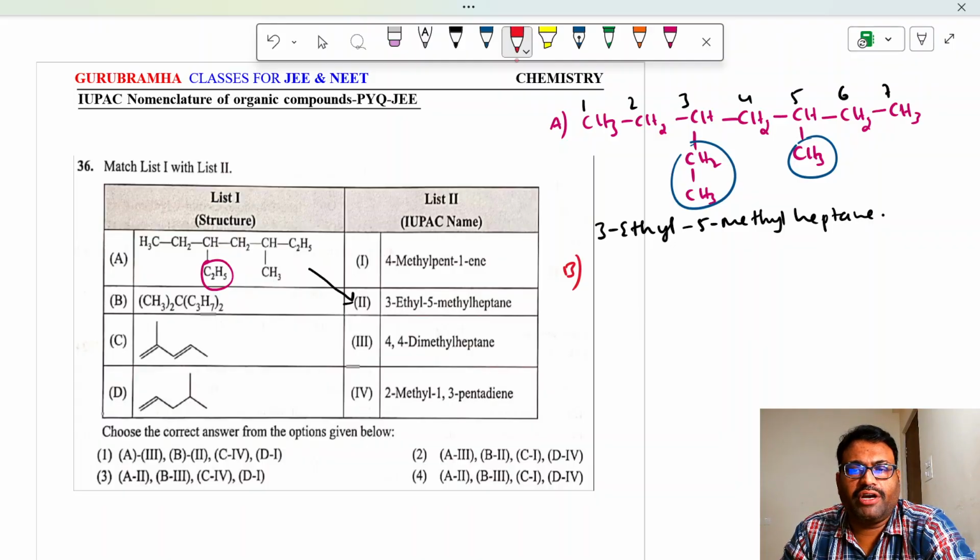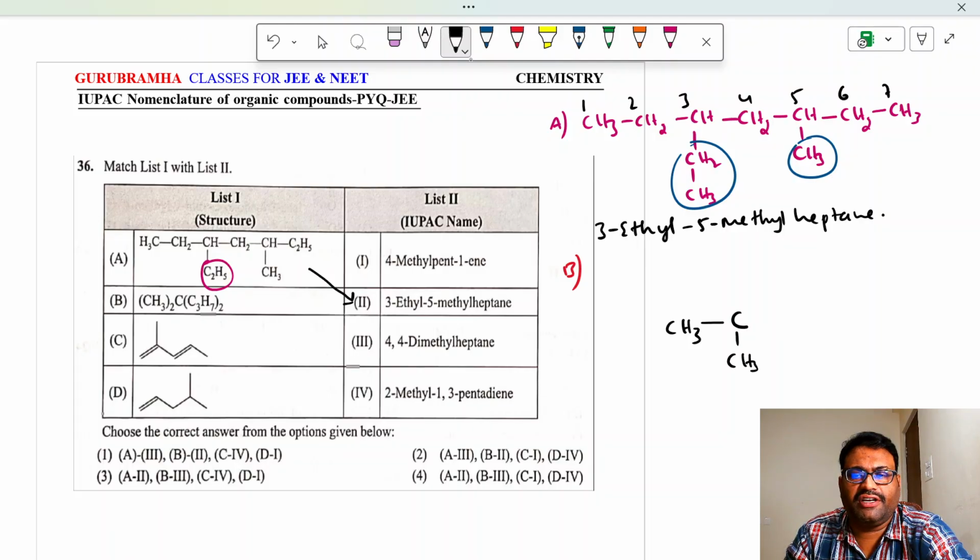Okay. Let us move to the second one, B. What is given? You have to expand it. C, CH3, CH3. So 4 carbon atoms are there, right? Let us write it in detail. When you write it in detail, you find here C, CH3.